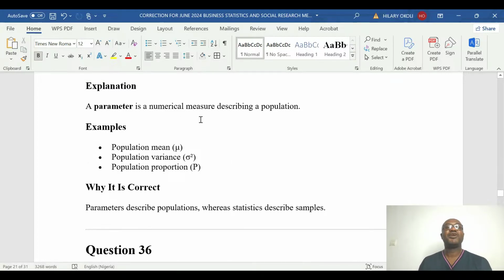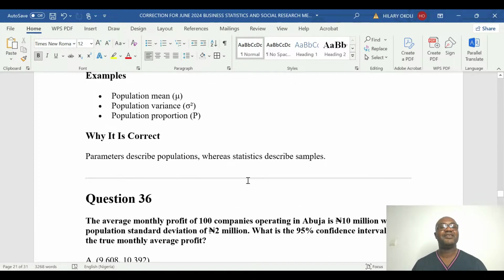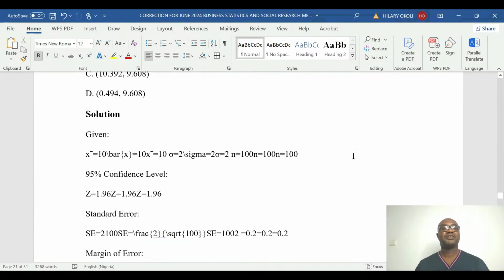A parameter is a numerical measure describing a population: population mean, population variance, population proportion. So that is what a parameter does. Parameters describe populations, whereas statistics describe samples. Try to remember this. Let's not forget.